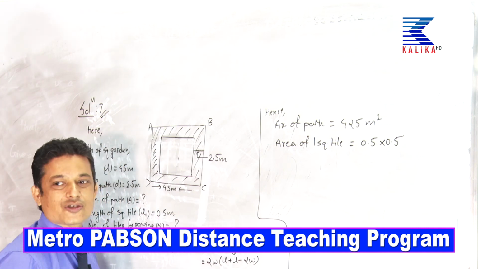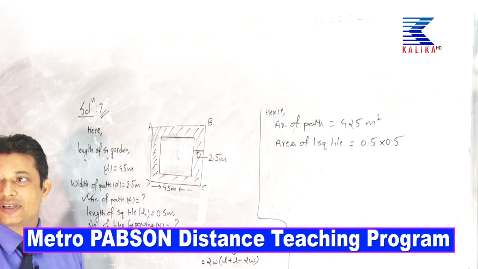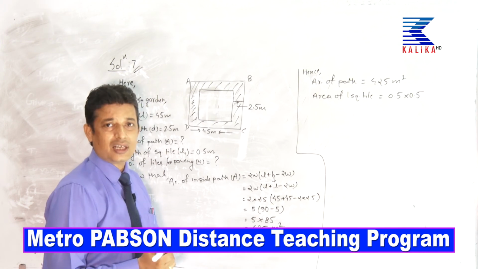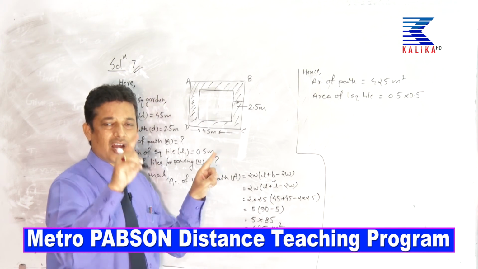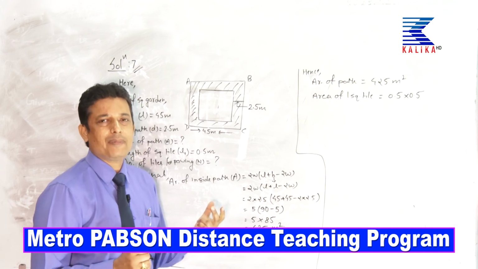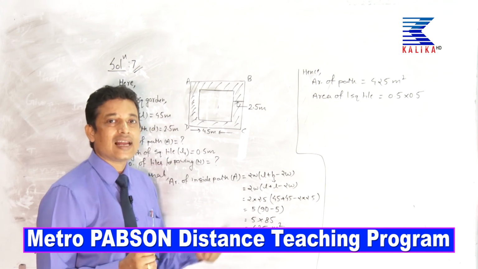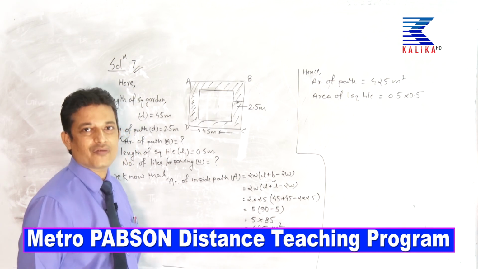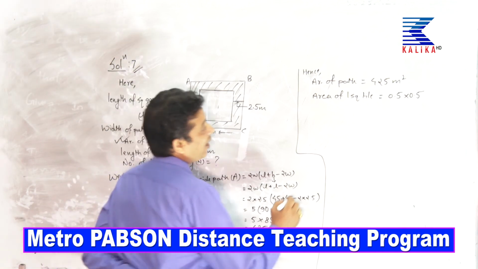It is L square. The length of the tile is given as 0.5 meter, so its length is 0.5, breadth is 0.5, or simply it is L square, which means L times L. So, I have written the area of one tile is 0.5 times 0.5.